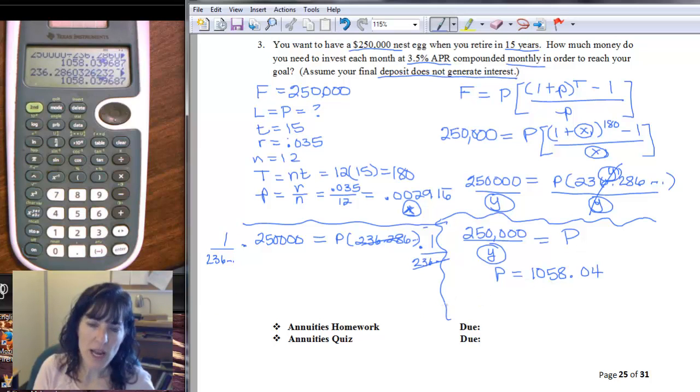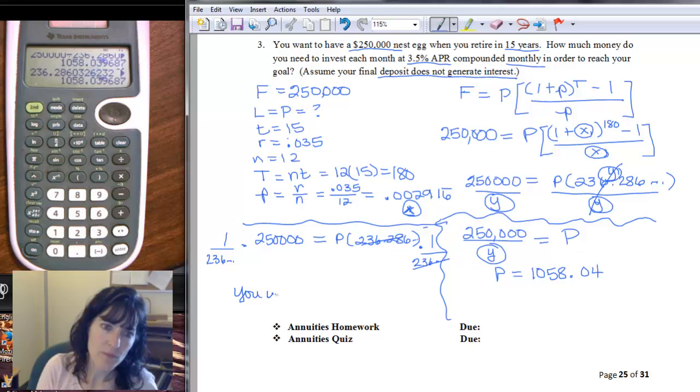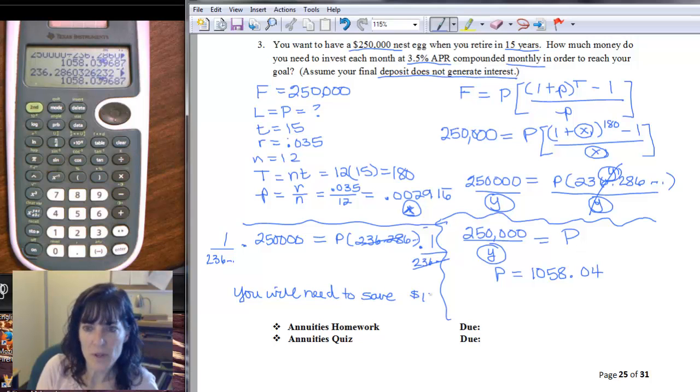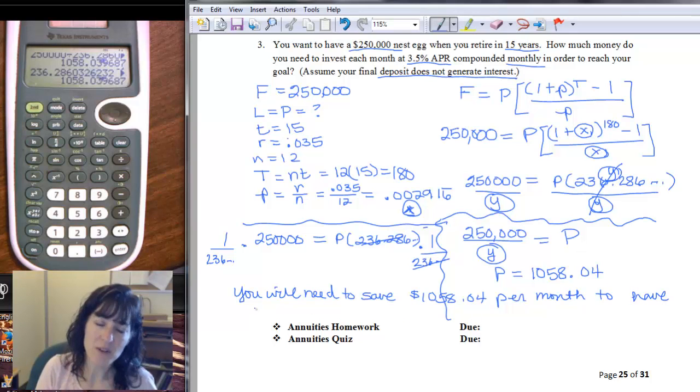Either of those is going to work, and what we know then is that you will need to save 1058.04 per month to have that $250,000 at retirement.